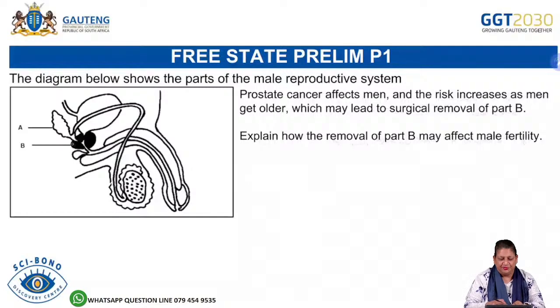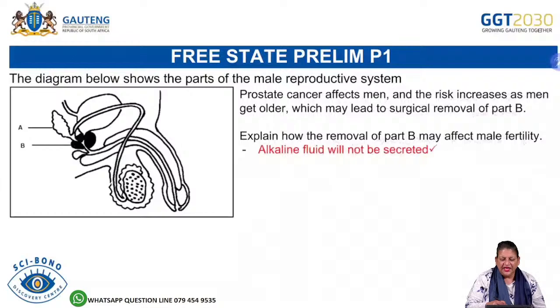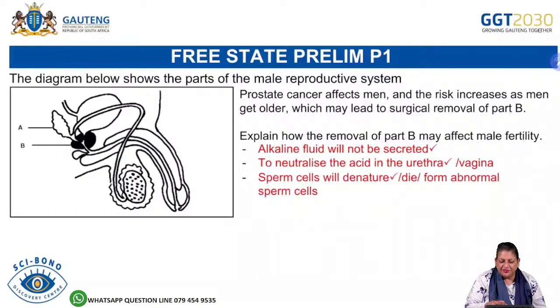The male will not be fertile. Sperms won't be fertile. See, alkali fluid will not be secreted to neutralize the acidity in the urethra or vagina. Sperm cells will denature or die or become abnormal, and this will decrease male fertility or lead to male infertility.